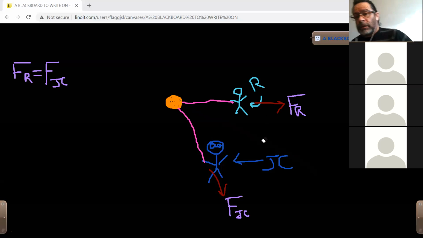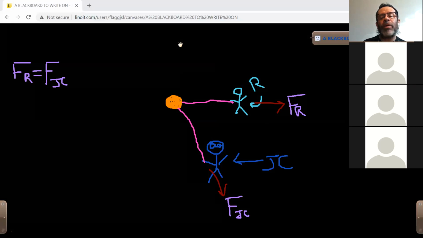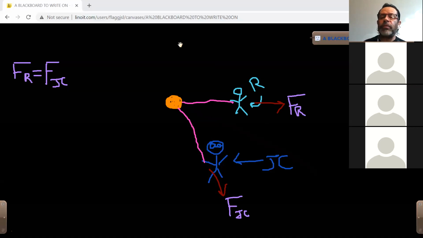How can I find the total force that's happening? Well, this is where the free body diagrams work. And I'm going to remember something about the free body diagrams. Free body diagrams establish a reference so I can calculate the forces. Now the reference should be chosen according to the easiest way in which I can calculate them.